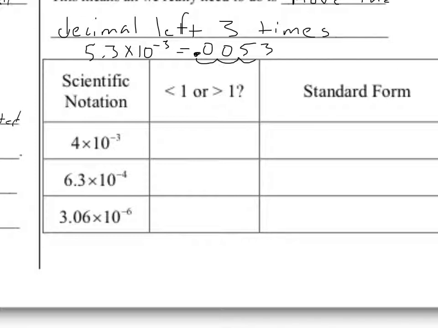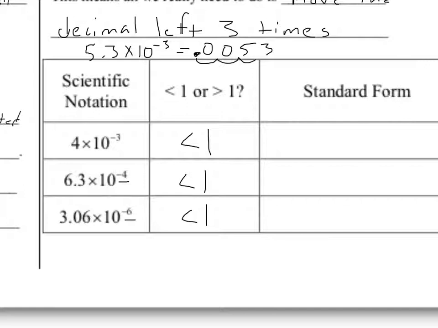So here I have 4 times 10 to the negative third power. Thinking about relative value, is this going to be less than 1 or greater than 1? Yeah, it's going to be less than 1 because we have all these multiplications of 1/10. So we're going to write less than 1. In fact, all of these have the multiplications of those 1/10, so they're all going to be less than 1.